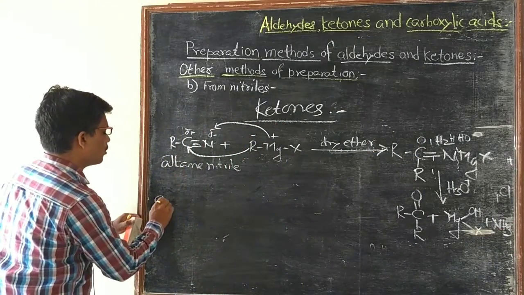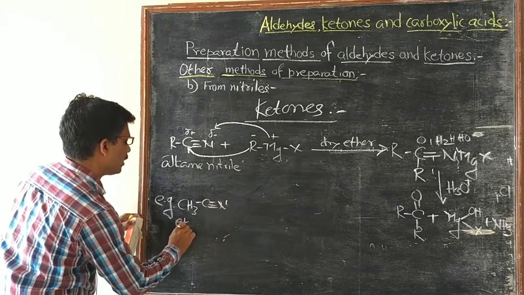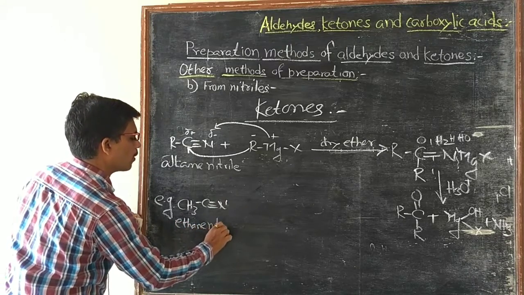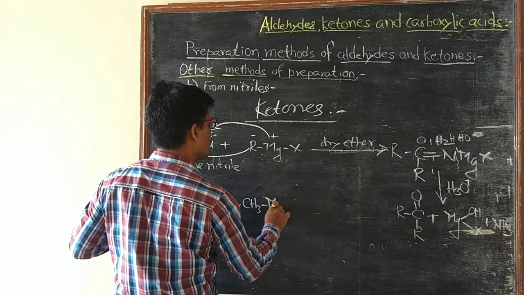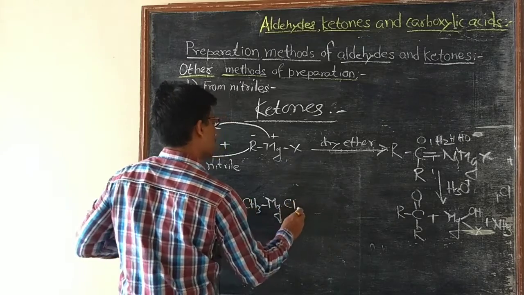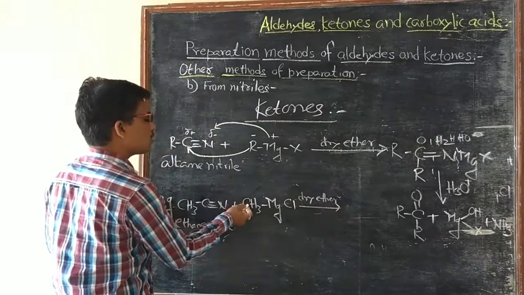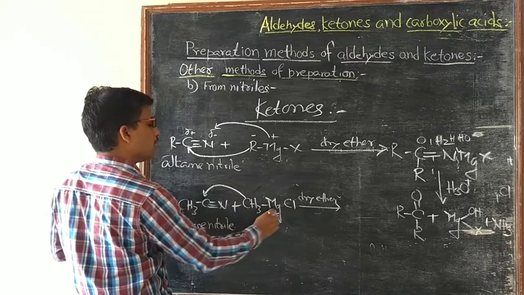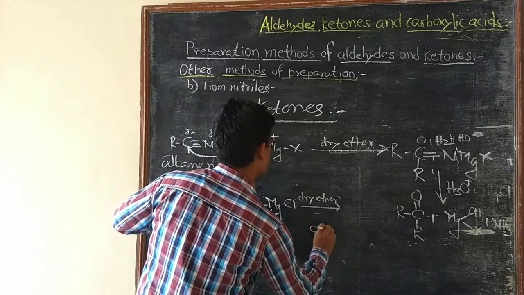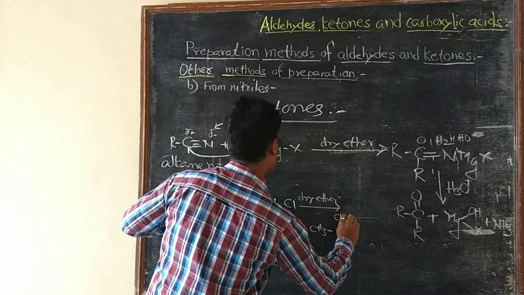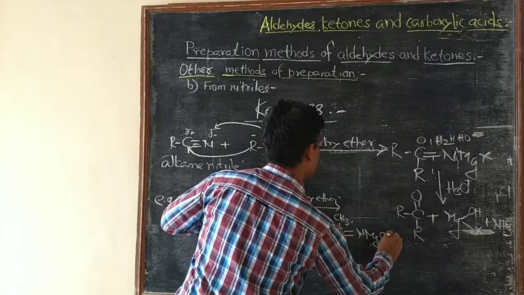For example, ethane nitrile, when treated with Grignard's reagent CH3MgCl in presence of dry ether, this methyl group goes to carbon atom and this Mg goes to nitrogen atom to form its addition product CH3 C(CH3) double bond NMgCl.